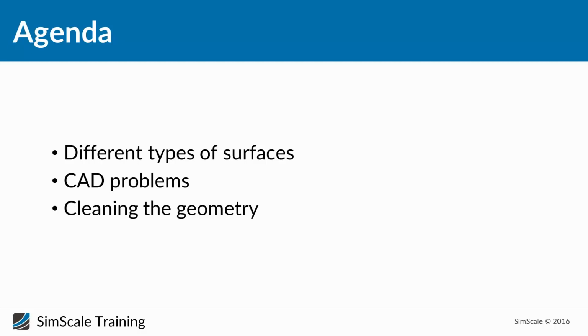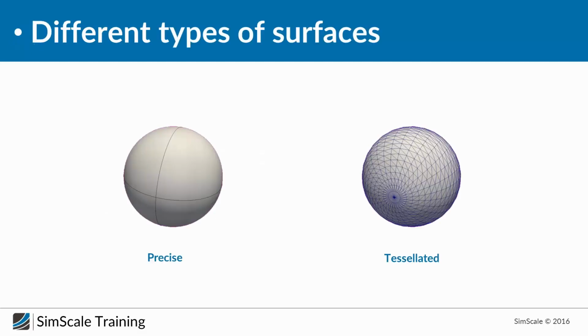And finally, we will talk about cleanup, and we also have a case example that we did during the last time to show you how you can redesign the front wing of a car, and we will talk about this later in more detail.